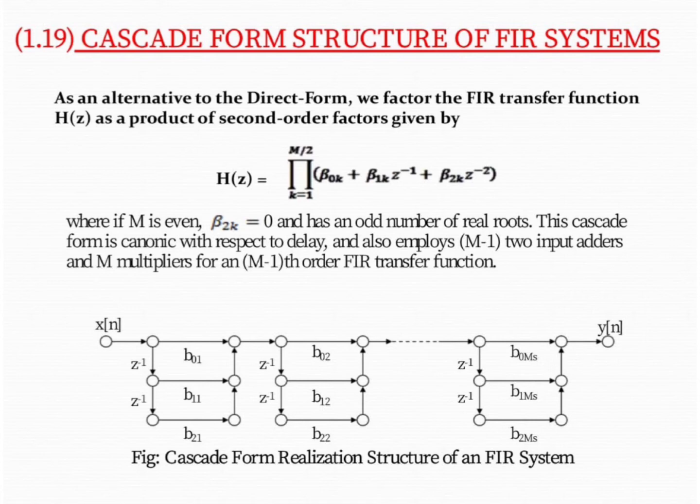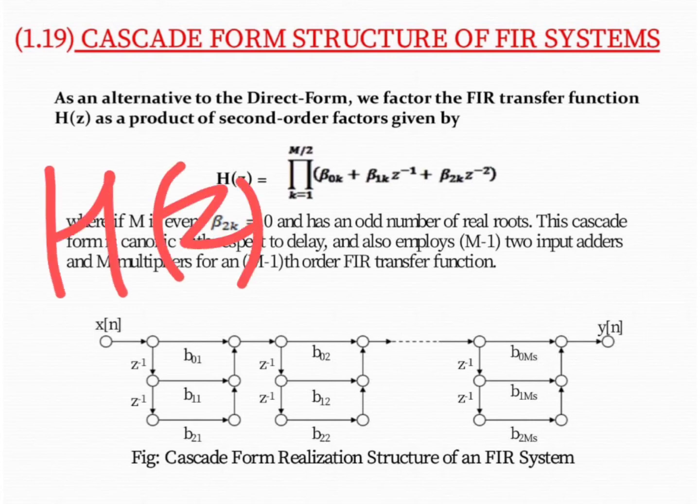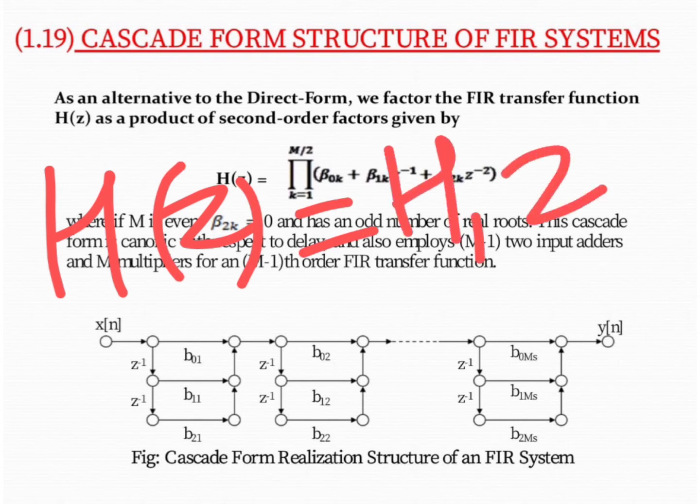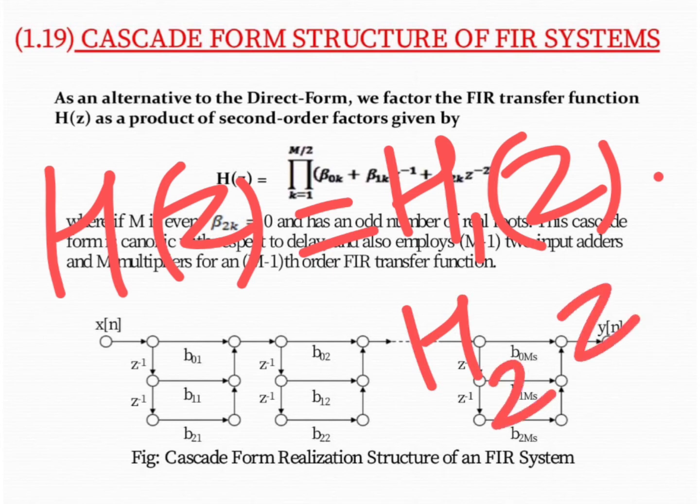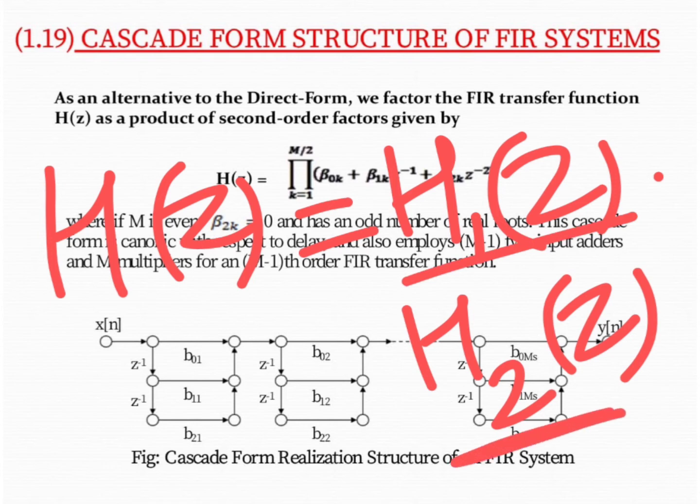As we know, in cascade form, if we have a transfer function, we factor that transfer function into multiple transfer functions in cascade form, in product. That means if we have H of z, we factor our transfer function like this into multiple transfer functions, and individually we can implement each with the help of direct form realization of FIR system, and in cascade form we connect all the transfer functions.